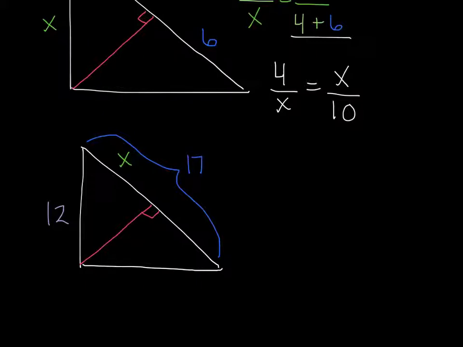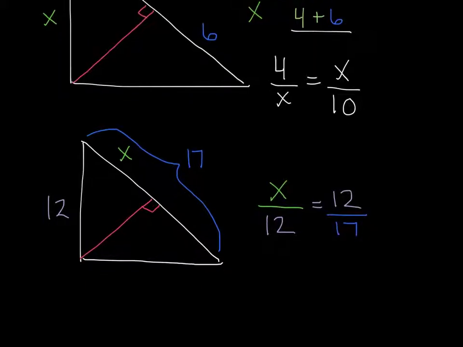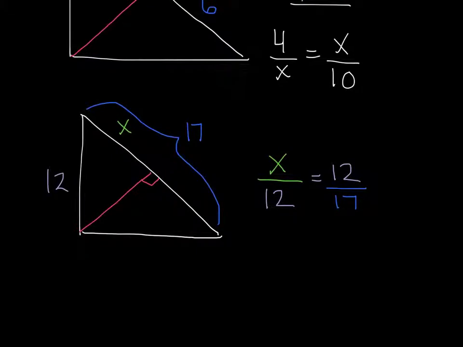Well, I still set up the same way. I'd still say that this segment x is to the adjacent leg 12 as 12 is to the whole hypotenuse, 17. Notice that this is a little different from the last setup in that my variable only shows up once.